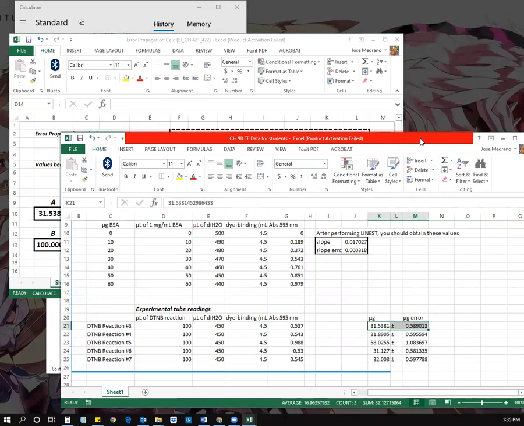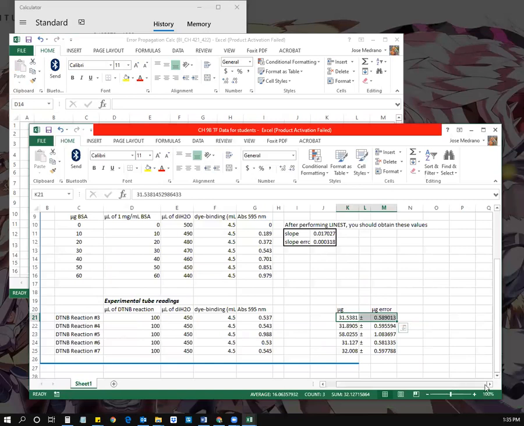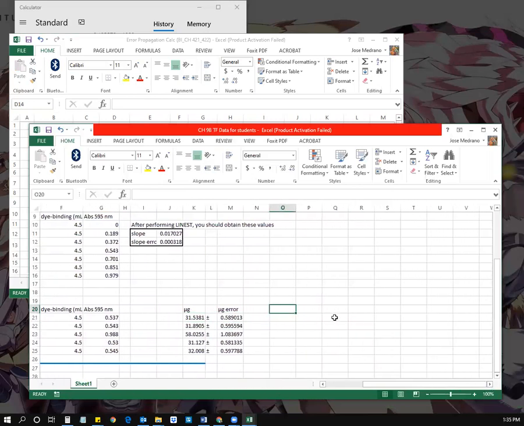So I don't need to really go through the calculator to do this. I could essentially just put microgram per microliter as the concentration. I'll leave a space for the error plus or minus symbol, and then I'll just put microgram per microliter error.